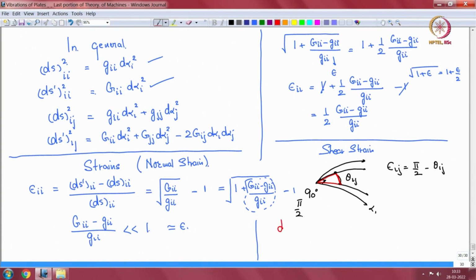That distance is let us say ds dash ij squared is ds dash whole squared ii, this distance, plus ds dash squared jj, this distance, then minus, this is just the cosine law for a triangle, no mystery, ds dash ii into ds dash jj into cosine of theta ij.